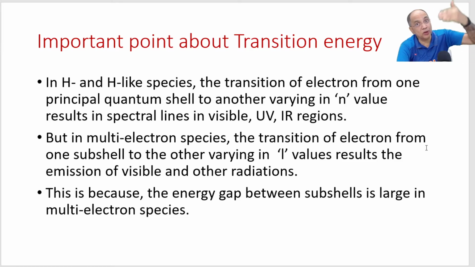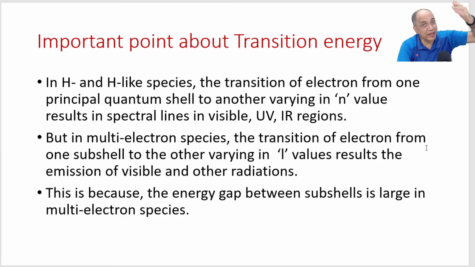So subcell to subcell, 3p to 3s, that transition will give you the spectrum radiation. But for hydrogen spectra, after all, the subcells are degenerate. 3s, 3p, 3d, they are degenerate. But due to spin orbit coupling, there will be different states. We have just now discussed, right?